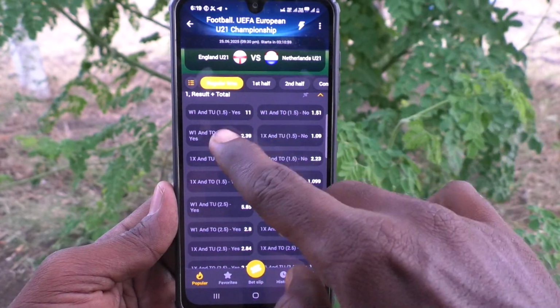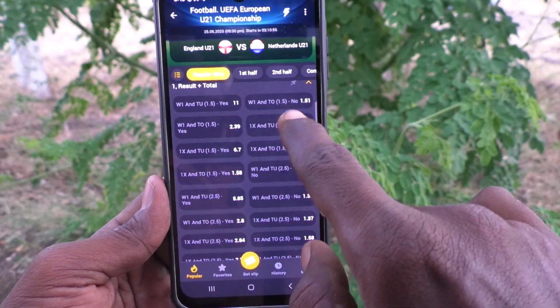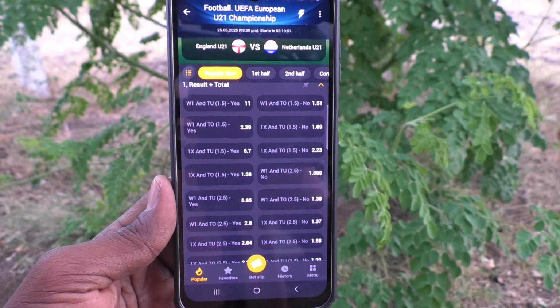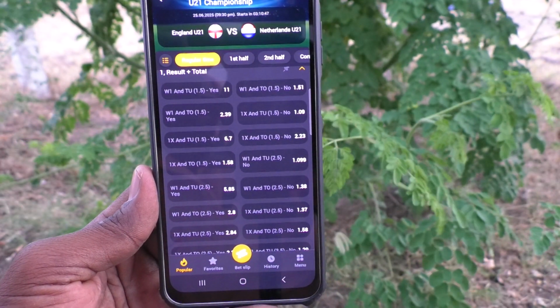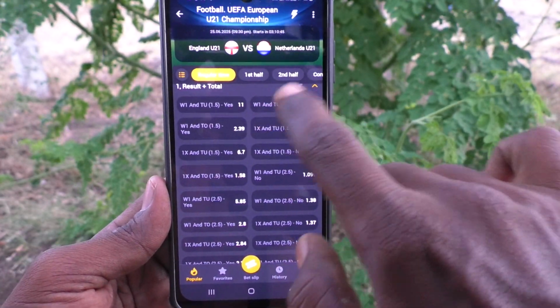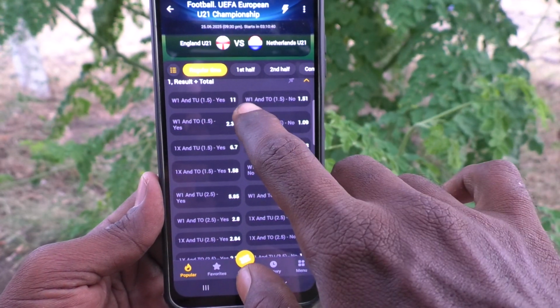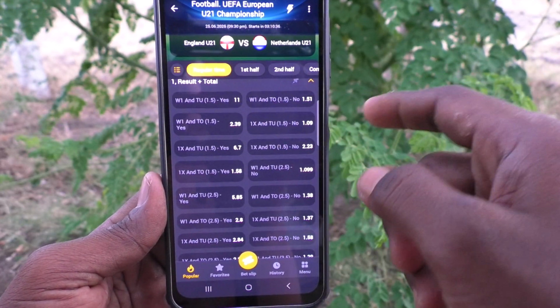Okay, yes means yes, it should happen. Okay, then no means it should not happen. Suppose if it is like that 2-1 or 2-0, total goal above 1.5, so W1 wins and total goal is over 1.5.